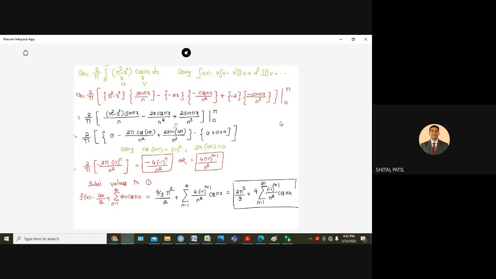This is the answer. This is the Fourier series expansion.